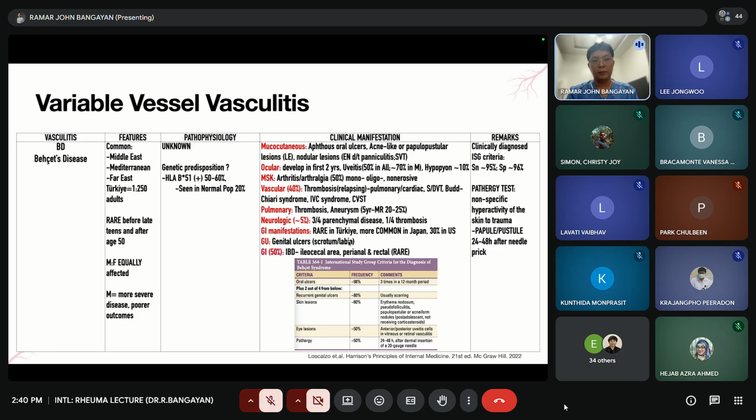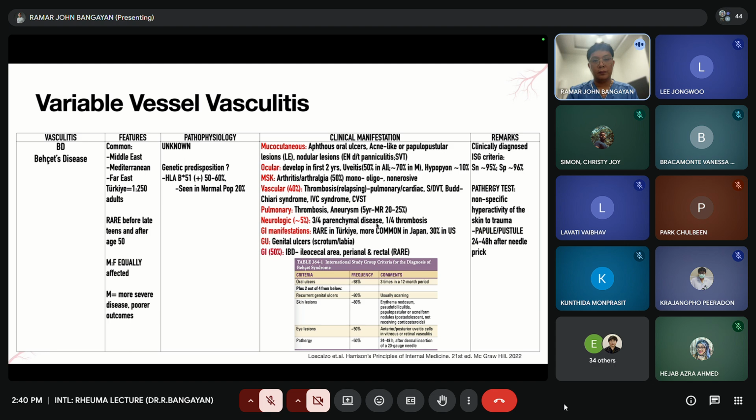You would think of this as herpes simplex virus, right? So you would think of an infectious process because of the ulceration in your mucous membranes, in the oral area, and in your genitals. But for Behçet's disease, it can also involve your eyes, your MSK, even your neurologic system.